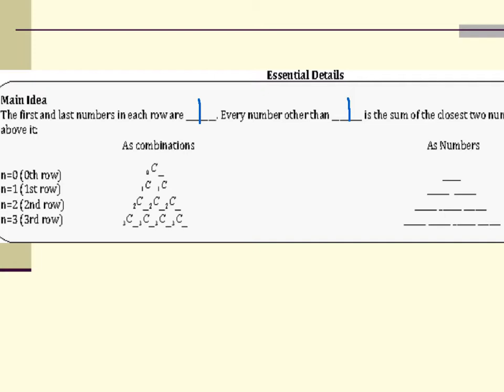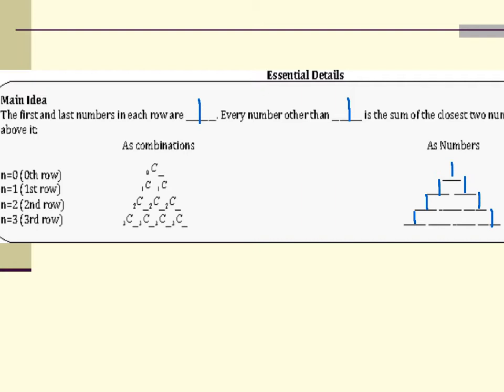So these numbers on the outside are all 1s. And we find these other numbers by adding the 2 above it. So 1 plus 1 would give me 2 here. 1 plus 2 would give me 3 here. 2 plus 1 would give me 3 here. Then we'd have 1s on the outside of the next row, and we'd add these together to find the ones below it. But let's see how we do this as combinations.